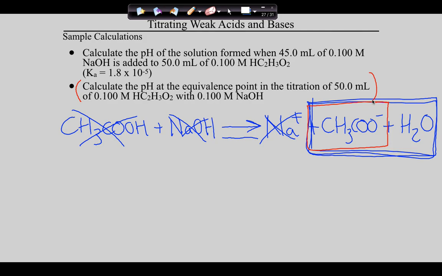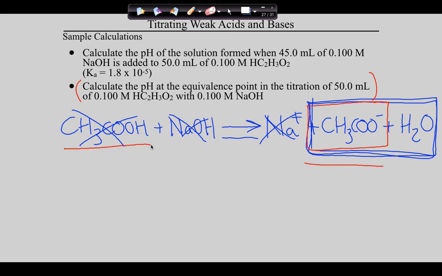The same as what? The amount of acetic acid that we neutralized. Let's say that again. How much acetate ion do we make? The same as the amount of acetic acid that we neutralized.